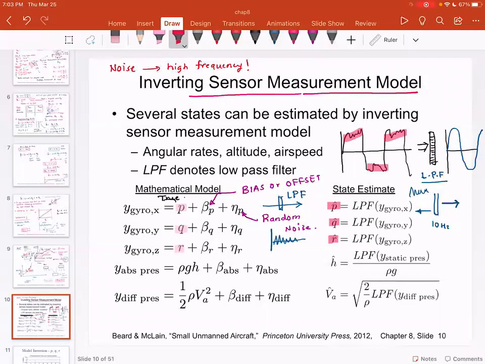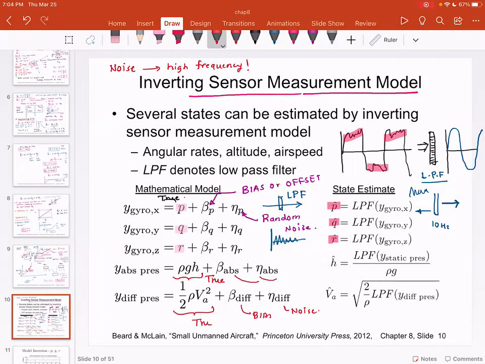Same thing happens with the pressure. You have the true value that is corrupted by bias and noise. So this is bias, and when you do low pass filtering, you minimize the noise and bias.